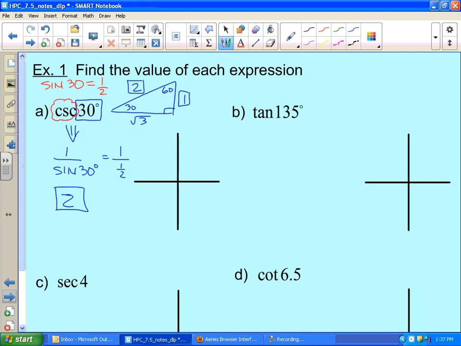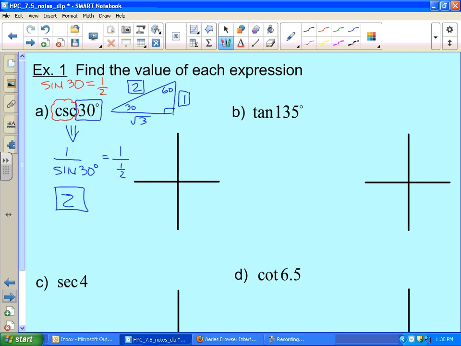Those are what we call inverse functions. It does not mean reciprocal. We use those inverse functions to find the angles, and we haven't done any of that yet. So don't think that those buttons are the same thing as cosecant, secant, and cotangent.